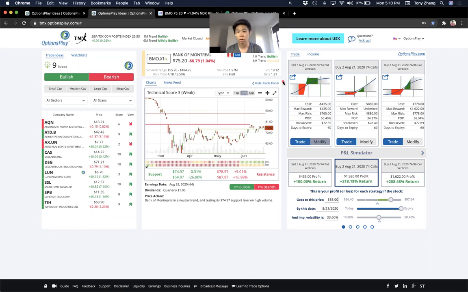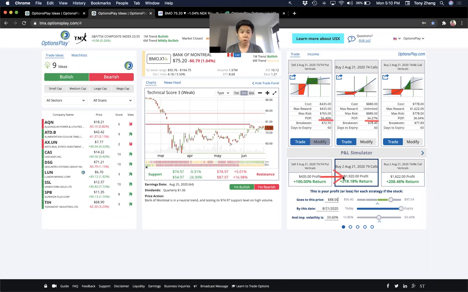I see too many traders do that. They'll say, well, this strategy has a 56% probability of profit, this only has 34, I'm going to trade the one with 56. Yes, you get a higher probability of profit, but look at what you're giving up. You're giving up more than $1,500 in profit in this particular instance when you believe BMO is going to rally.